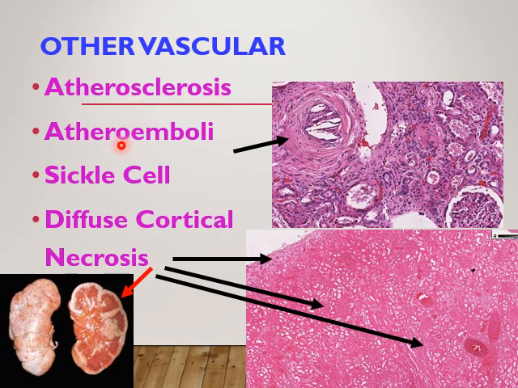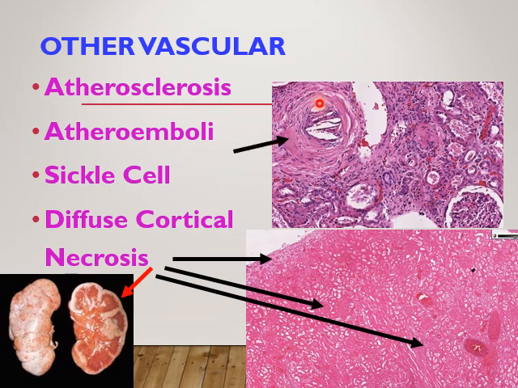The next vascular disease is atheroemboli, or embolic renal disease. It is called atheroemboli whenever atheromatous plaques from the aorta or renal artery embolize into the intrarenal vessels, especially in older individuals who have severe atherosclerosis, who will present with ischemia associated with renal disease.